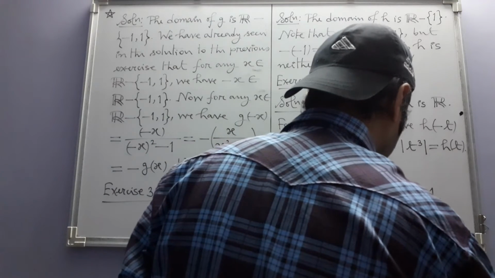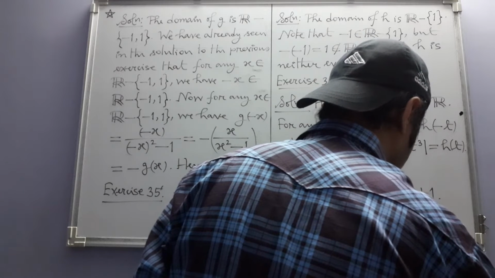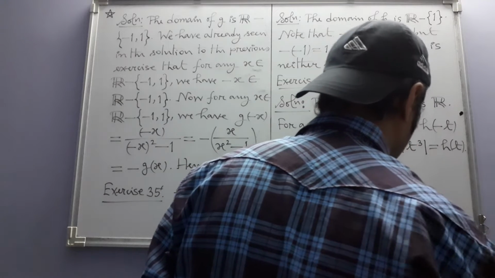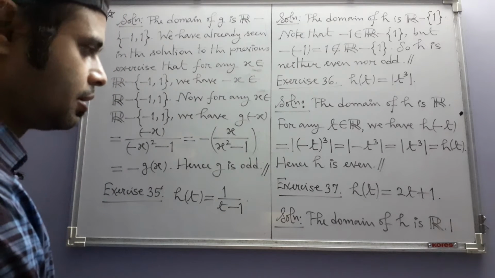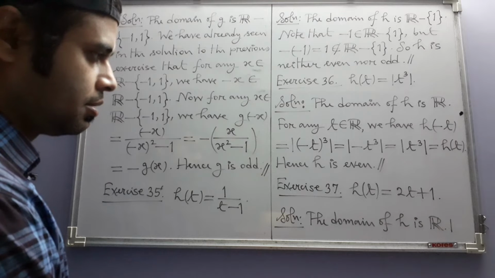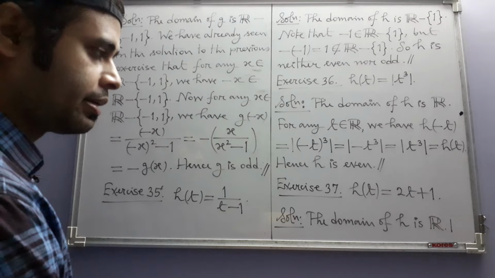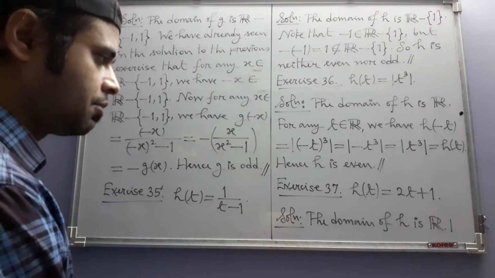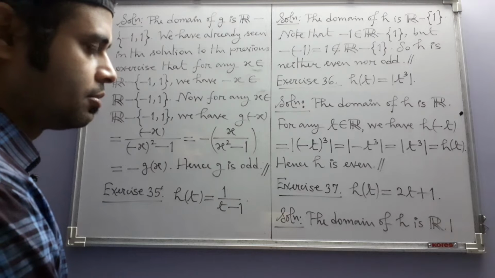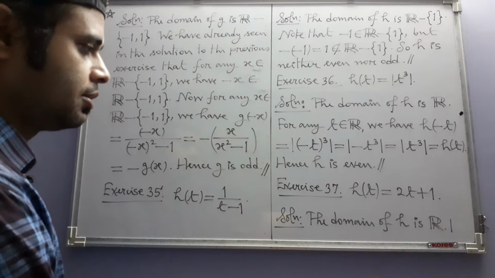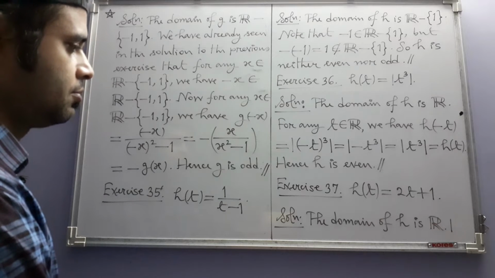The domain of H is R. This is going to be neither even nor odd. But what value will help us show that? Minus 1. If we calculate at minus 1, then we get minus 1. We take 1, yes.